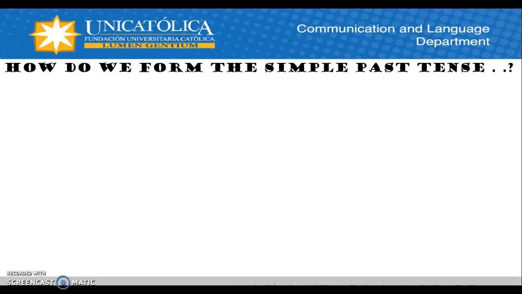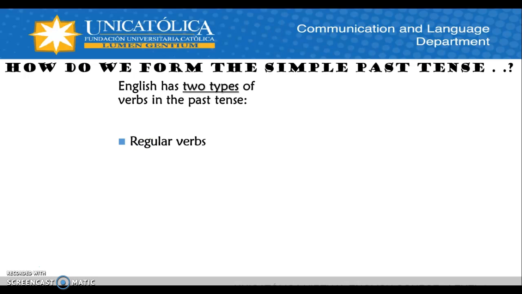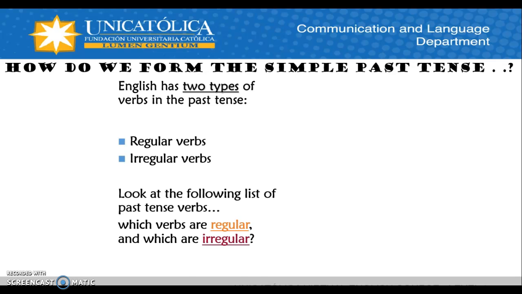So how do we form the simple past tense? English has two types of verbs in the past tense: regulars and irregulars. Okay? So look at the following list of past tense verbs. Which verbs are regular and which are irregular?